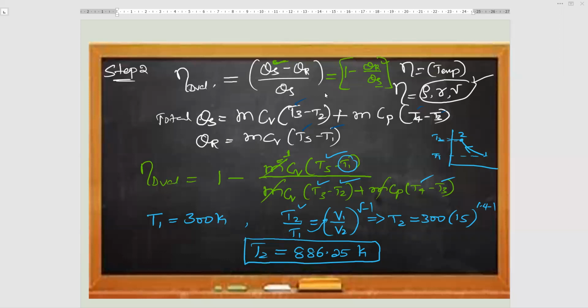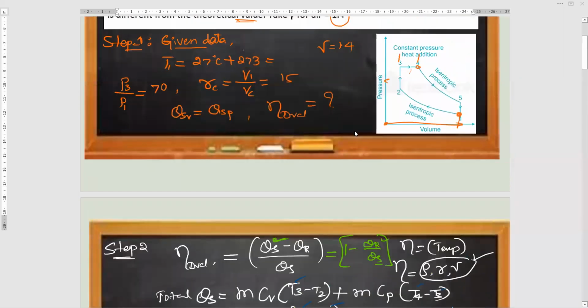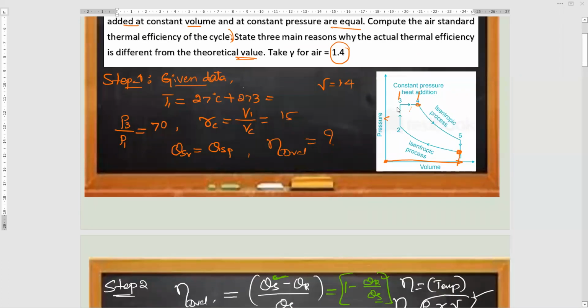Next, now how do we calculate T3? How to calculate this T3? What is the name of the process? 2 to 3 is constant volume. So during constant volume, you need to write one equation, the ideal gas equation. Understood? So I will write here.